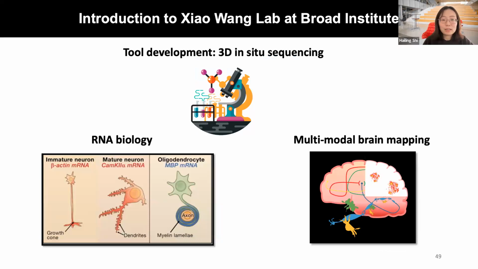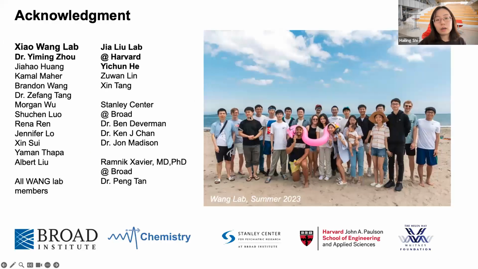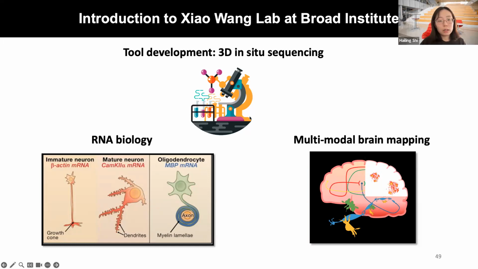I want to end with a few more sentences on what our lab, Dr. Xiao Wang's lab, does at the Broad Institute. We work actively on tool development for understanding different flavors of molecules in a three-dimensional way in a tissue setting, to really look deeper into the RNA biology and the different aspects of the brain.